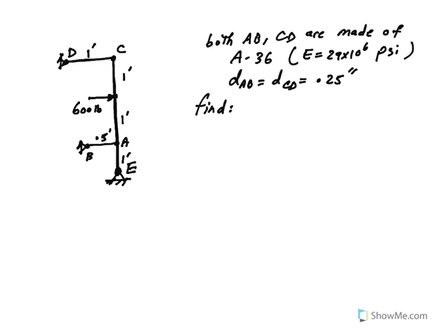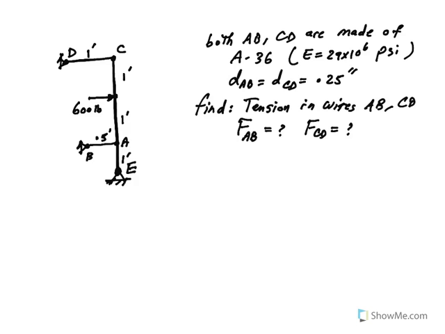Part A, we want to find the tension developed in wires AB and CD. So I'm going to call them FAB and FCD. So this is another example of a statically indeterminate problem. So let's do part A and I'll do part B, which has to do with the deformation.